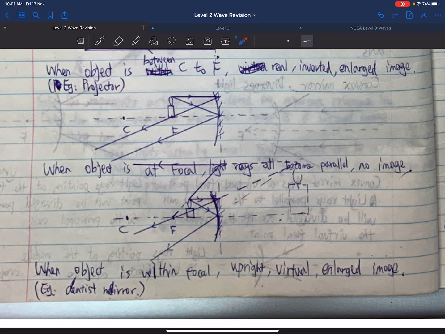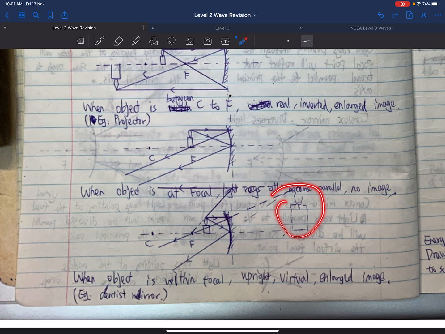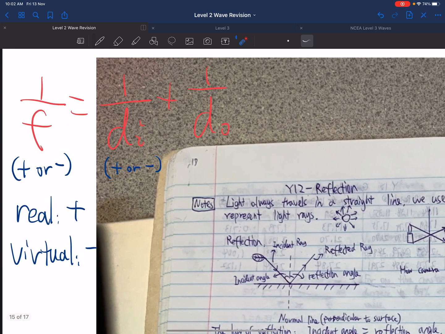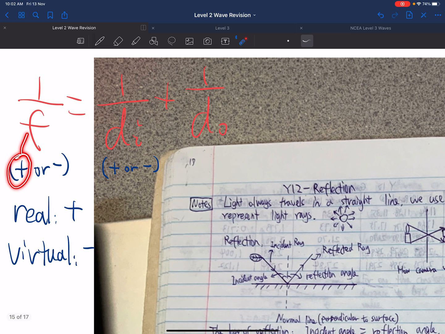You put the object really close to the mirror, which is the teeth, and then the light rays are converged, but they're still diverging out. They never meet, so it will look like it comes from over here, forming a really big image. In that case, you know this is a virtual image, but it is actually a real focal point. So coming back here, this is a real focal point for this mirror, so I know f must be a positive value for this one.